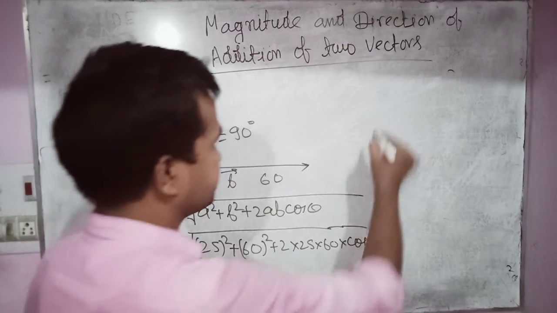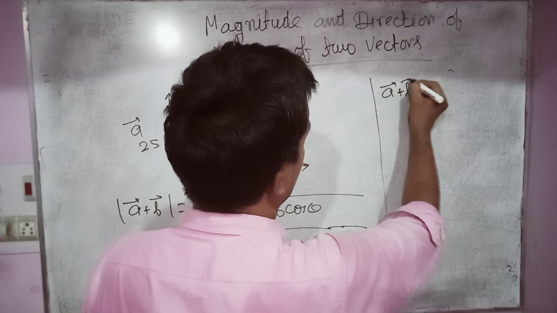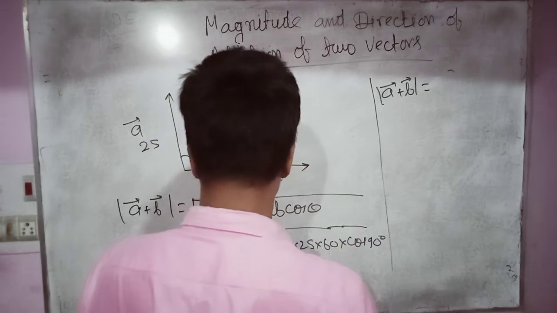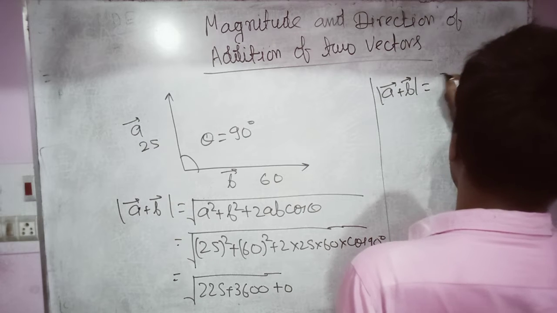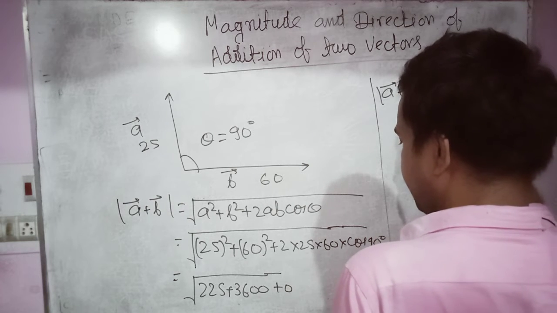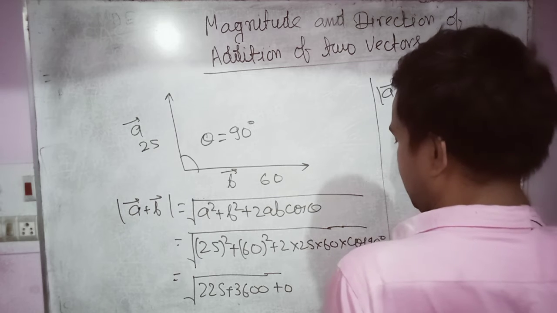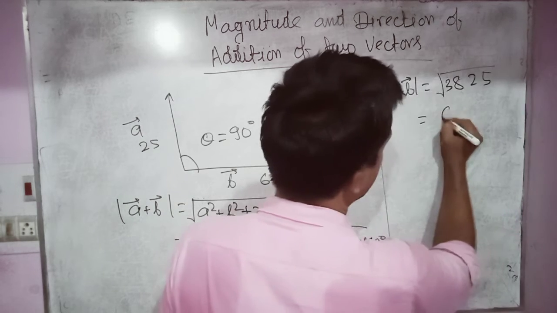So the magnitude of vector A plus B is equal to root under 4225, and this is equal to 65.